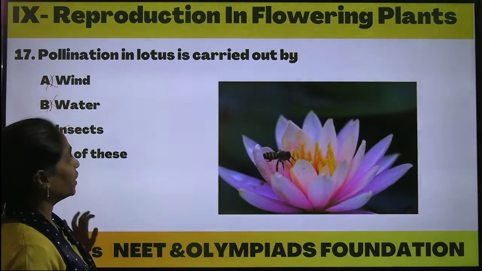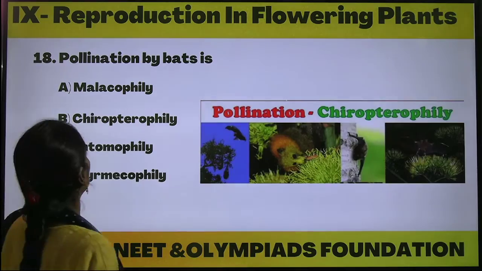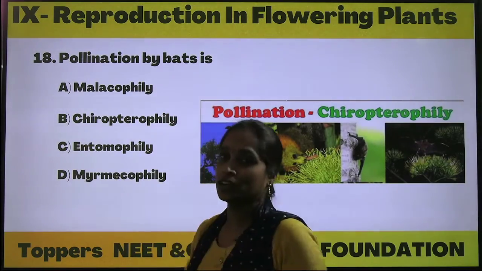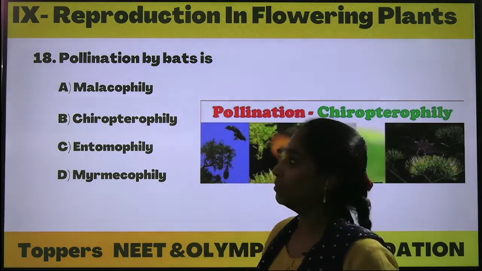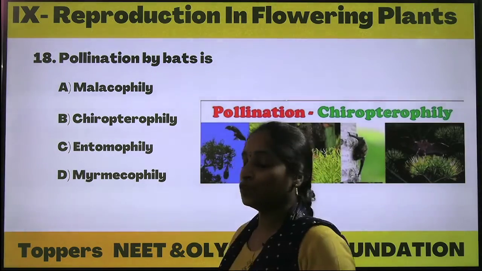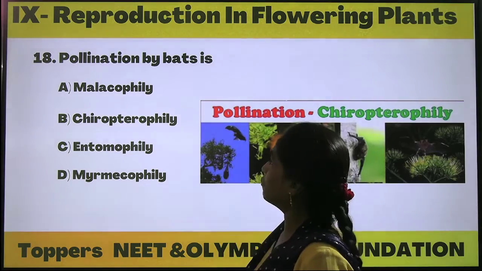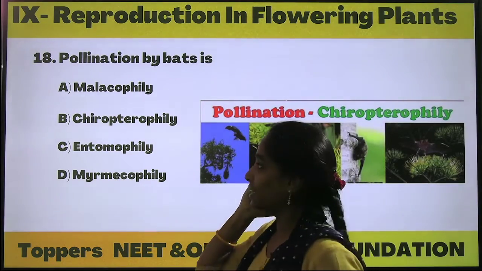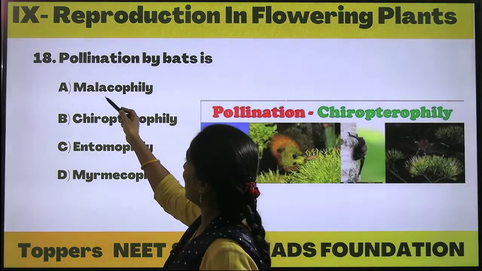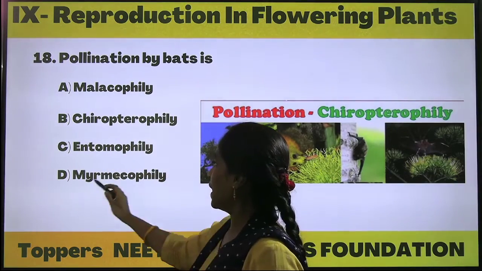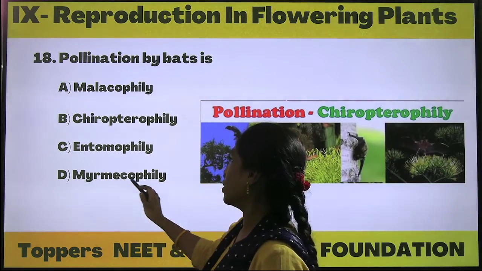Coming to the next question: what is pollination by bats? Bats are flying mammals, and they go to plants and flowers to take food materials. That is called chiropterophily. The options are malacophily, chiropterophily, entomophily and myrmecophily.